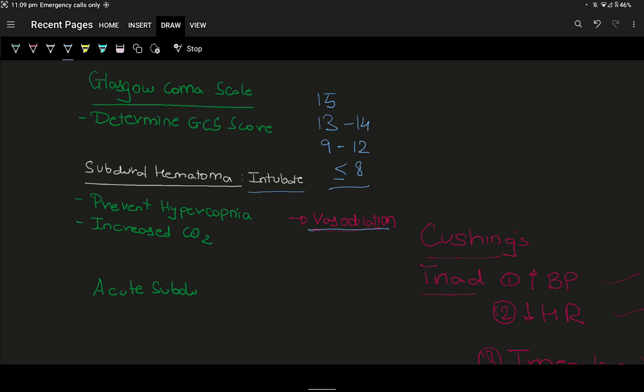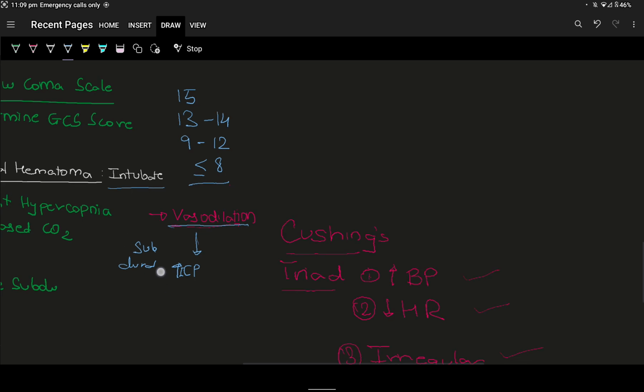To prevent this, we intubate the patient so that we prevent the vasodilation. Since vasodilation in the brain of a patient with subdural hematoma will lead to a further increase in ICP, and we don't want this, so as to not further deteriorate the patient's condition.